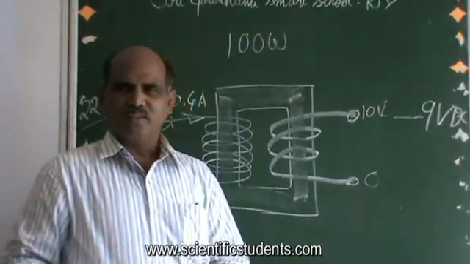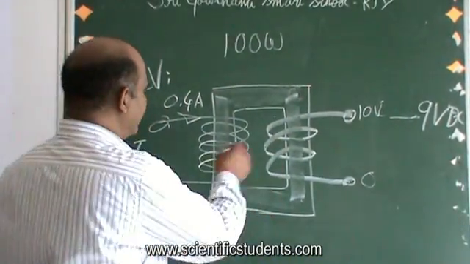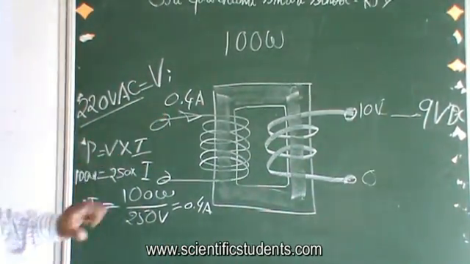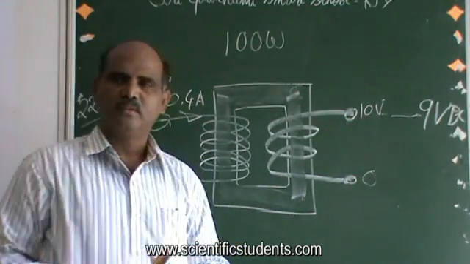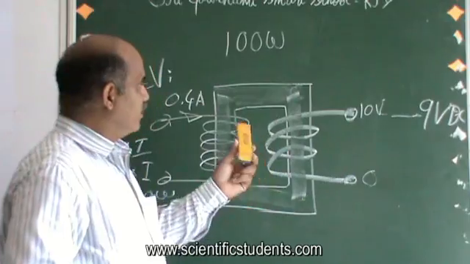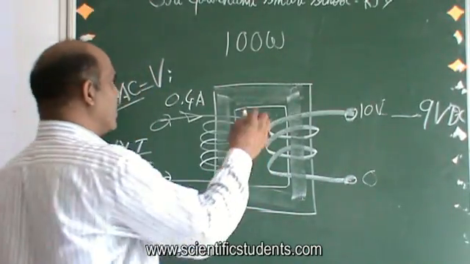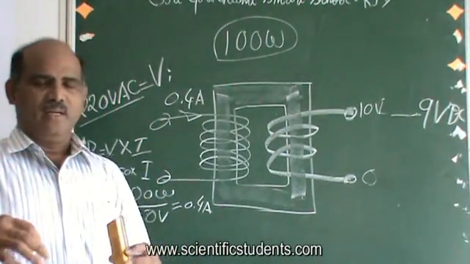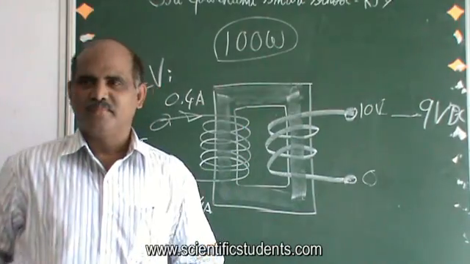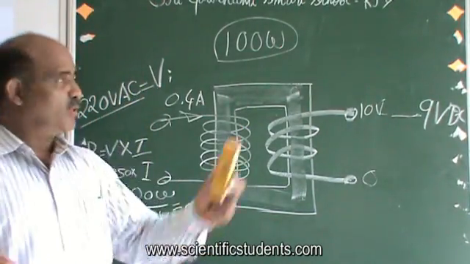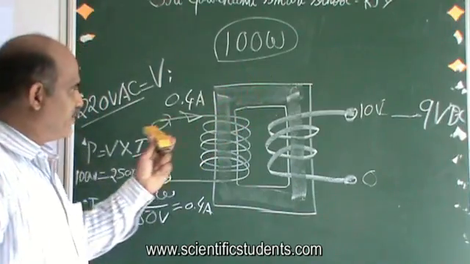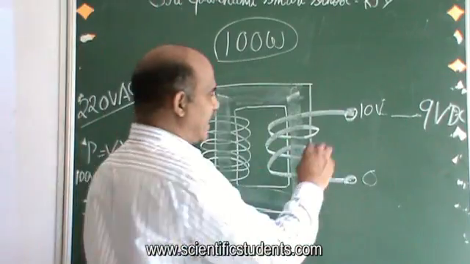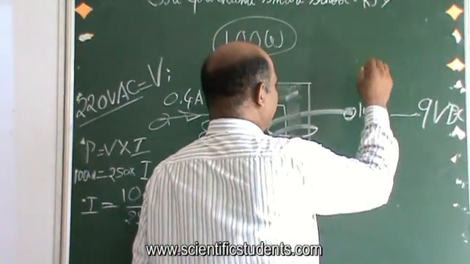So I made the design in such a way that whenever you give 250 volts at the primary, I get 10 volts here. And because, as I told you, the transformer is not going to boost the power, it keeps the power as it is from primary to secondary. That means the secondary power is also going to be 100 watts.